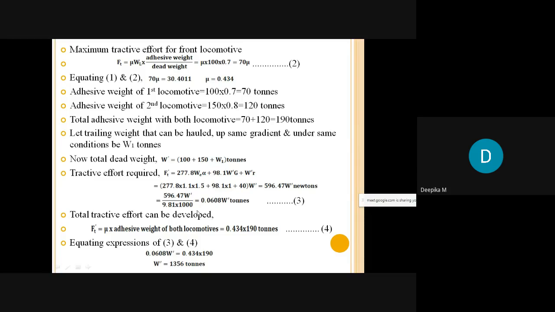Please note that it is the trailing weight of the train, which is 1106 ton. So this is what we have calculated in the first case: the weight of the train, which is 1106 ton.